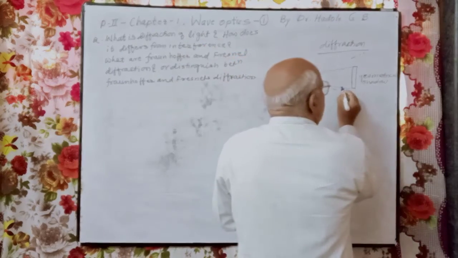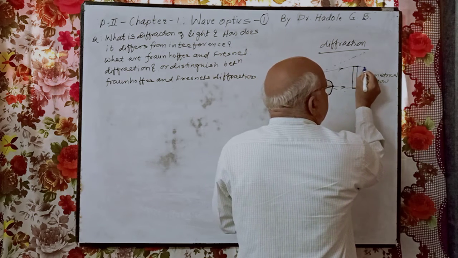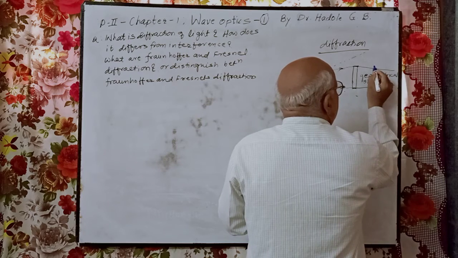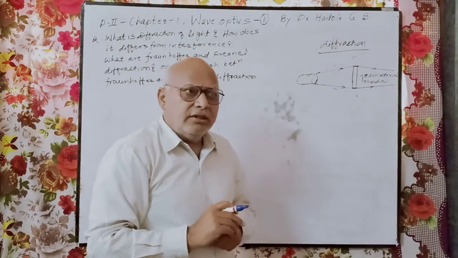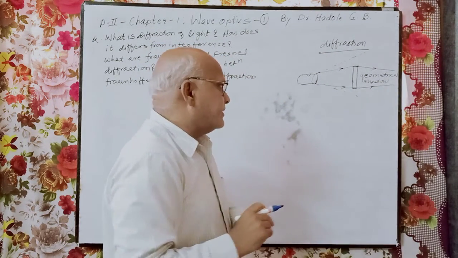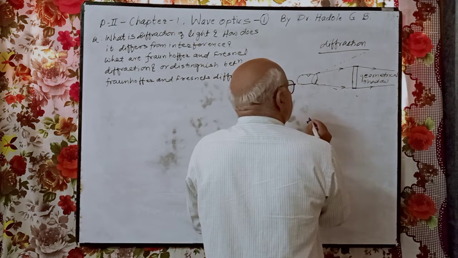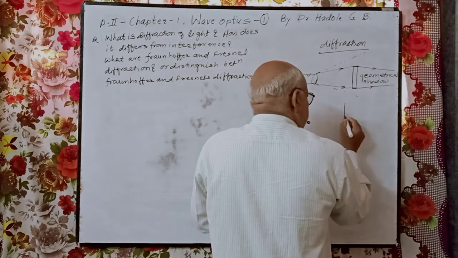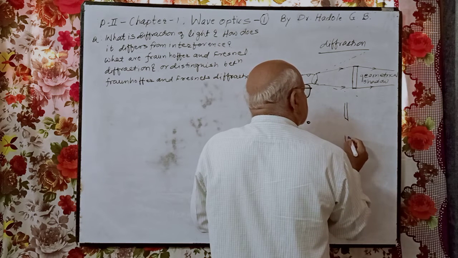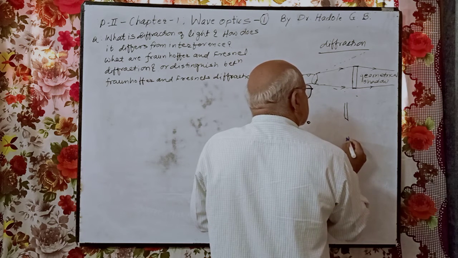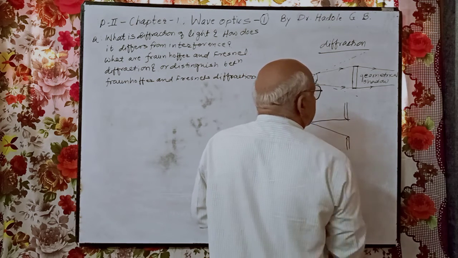Now, due to the sharp edges of this obstacle, this light is going to bend, and it encroaches into the geometrical shadow. At the same time, suppose that this is the source of light and this is the obstacle, and light rays are traveling like this.